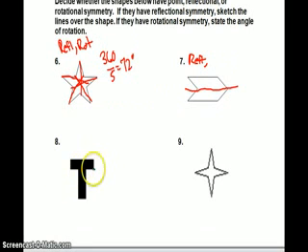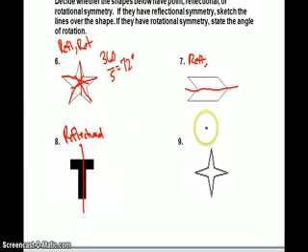This one has reflectional right there, so that's reflectional. And it doesn't have rotational because you have to go all the way around, so that's just reflectional right there.